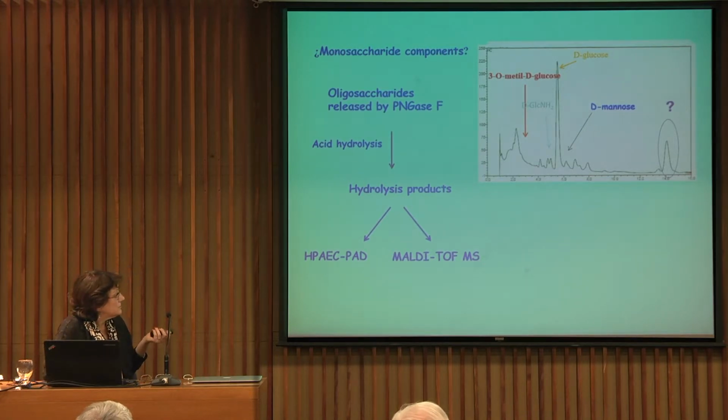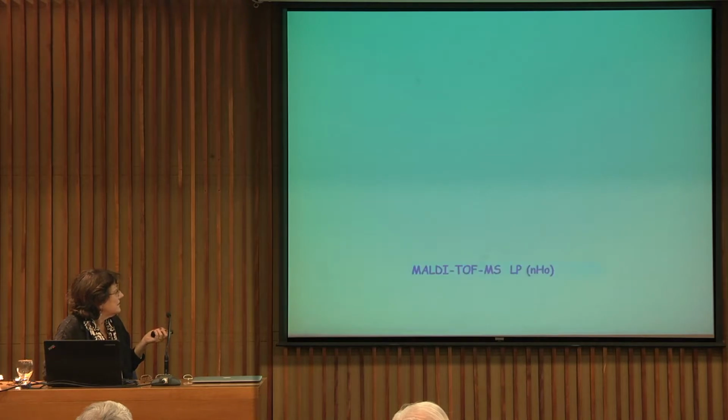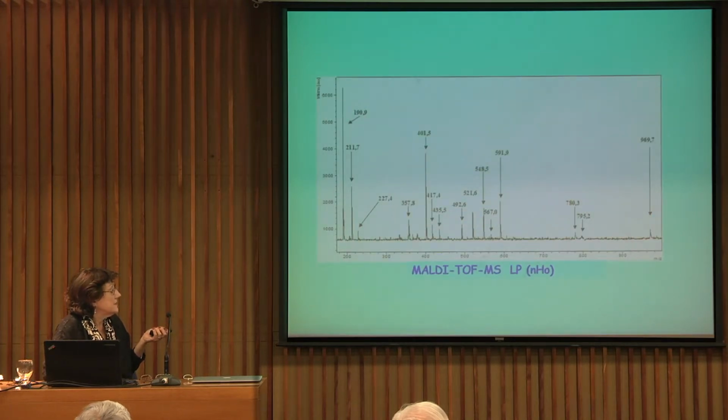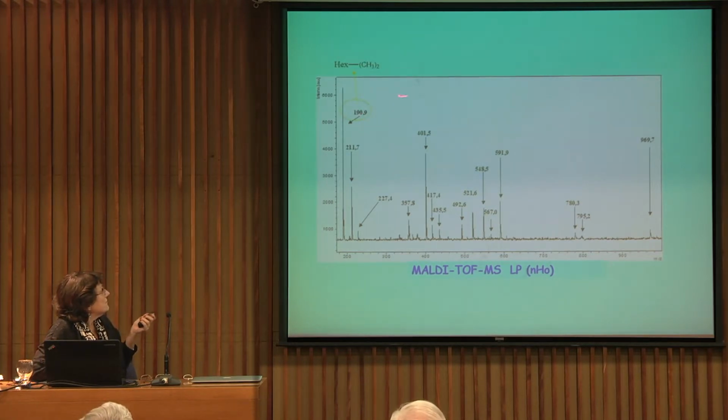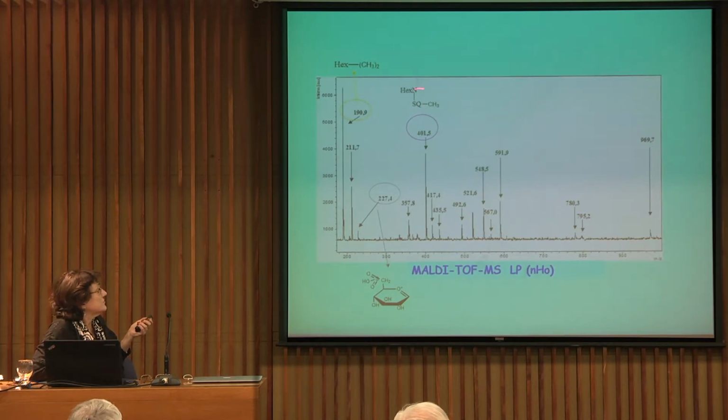So we took this fraction and analyzed it by MALDI mass spectrometry in the linear positive mode with a matrix. In this case, we could detect, for example, little peaks that corresponded to methylated hexoses, and this peak was characteristic of a sulfoquinovose hexose, and this peak to a methylated sulfoquinovose linked to a hexosamine, and this peak with the same structure but with one more hexose, and this with 2 hexoses, and this with more methyl groups.